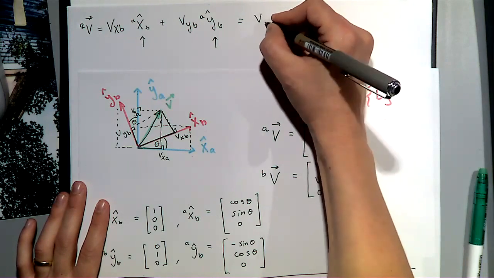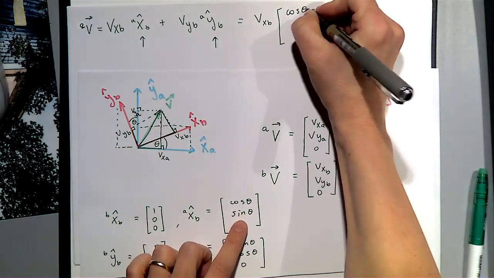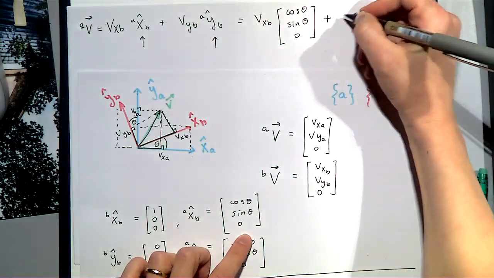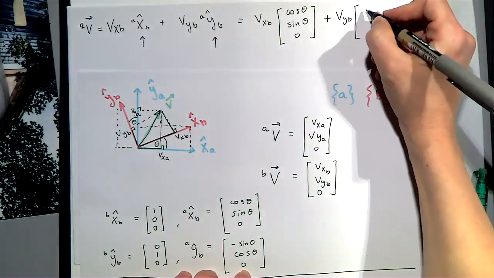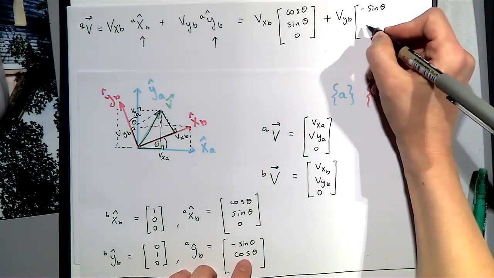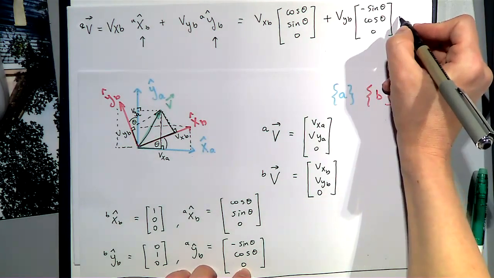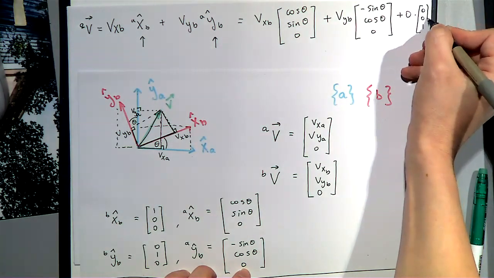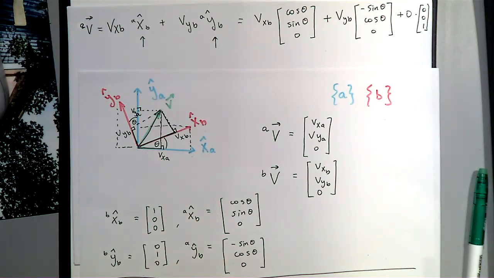I get Vxb times cosine theta sine theta 0 plus Vyb times minus sine theta cosine theta 0, and I can do plus 0 times 0, 0, 1, which is the ZB projected onto the axis of frame A, because ZB and ZA are parallel.